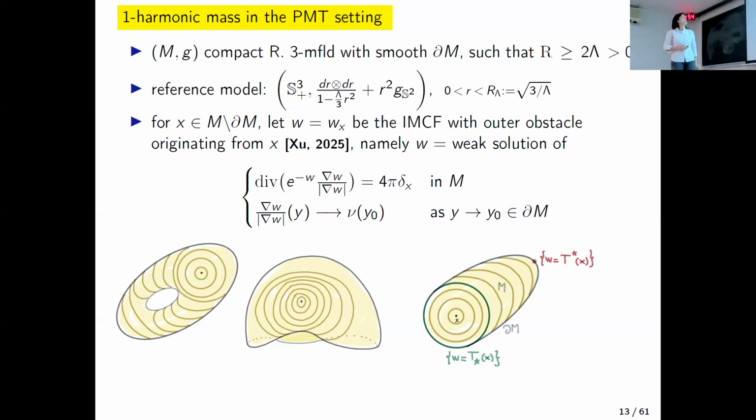Essentially w is the solution of the gradient of w equal to the mean curvature outside the points. This is in common with the case of the inverse mean curvature flow. What is different is the boundary condition.